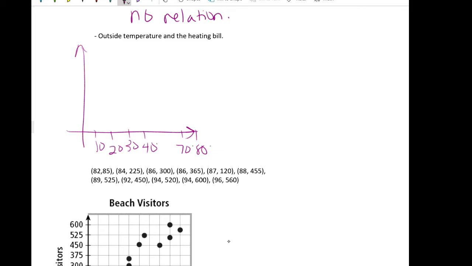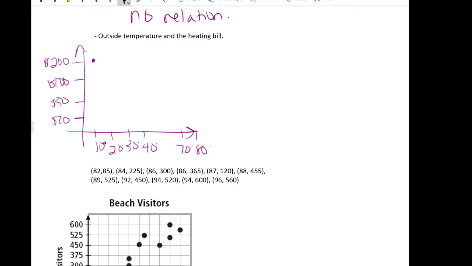These are degrees, and then this is your heating bill. 20, 50, 100, 200. Okay, if it's 10 degrees outside, is it more likely that your heating bill is going to be $20, 150, 100? Probably closer to 200 if you live in a small house.